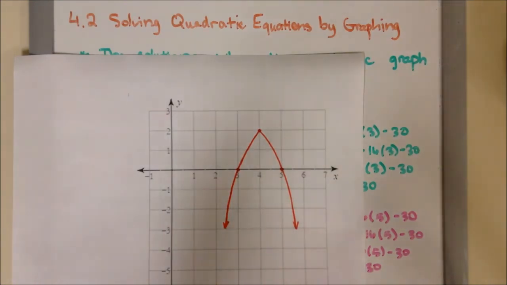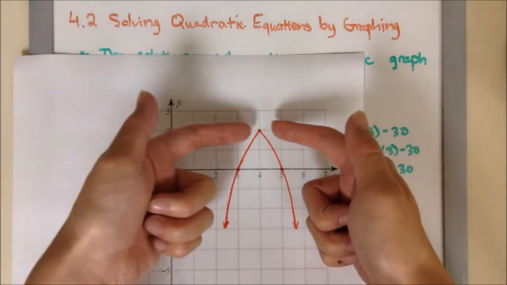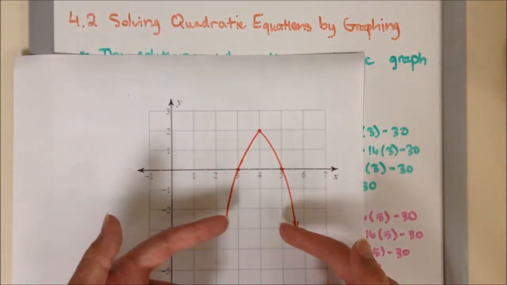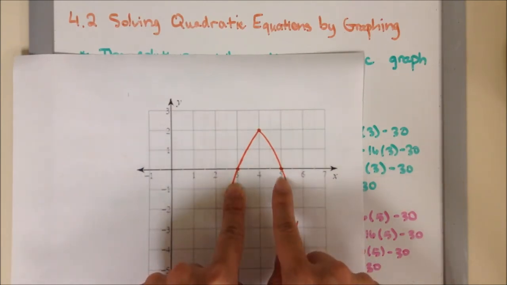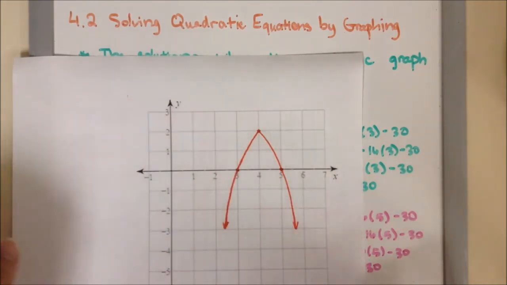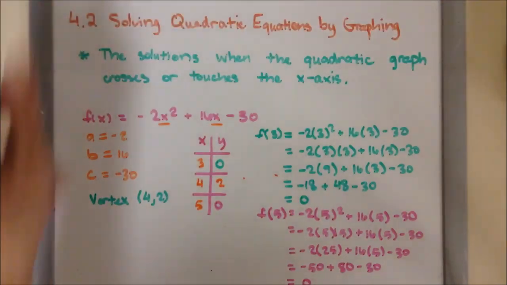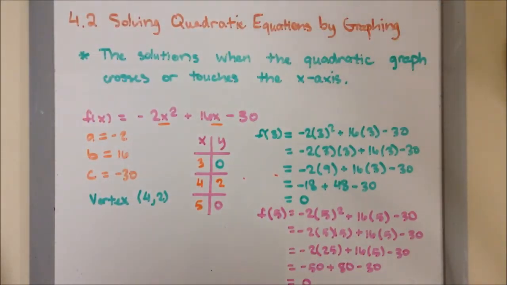Now, looking at it, I see that my graph crosses the x-axis where x is 3 and x equals 5. So my solution for this example is x equals 3 and x equals 5. So that's going to be our solution for this example.